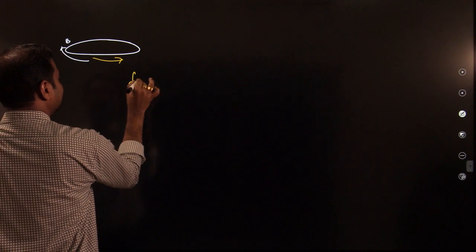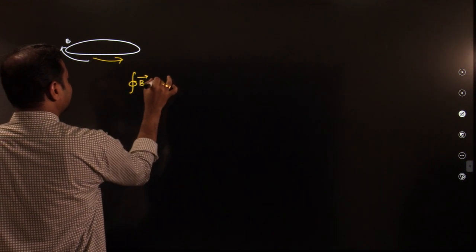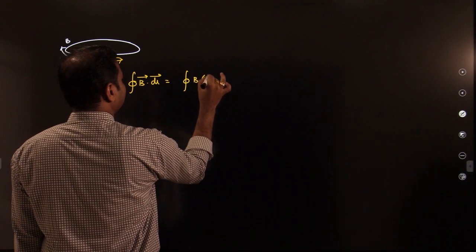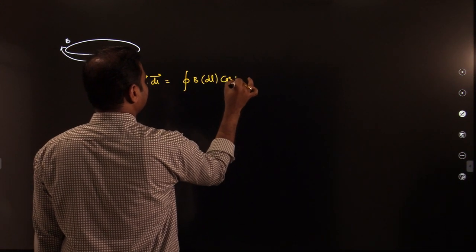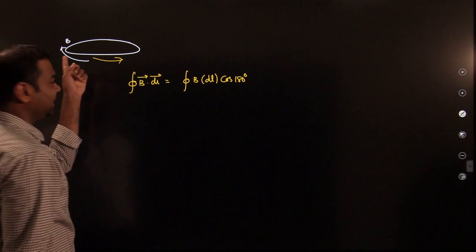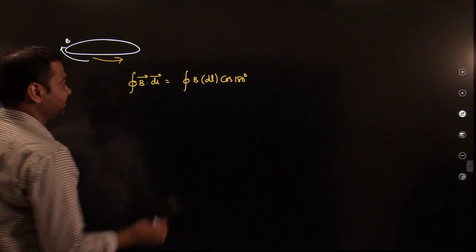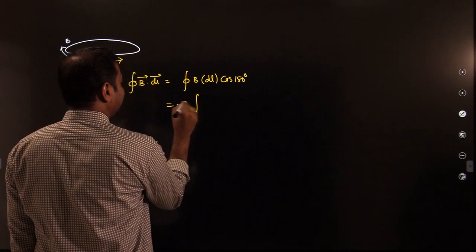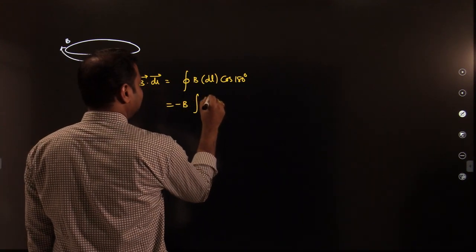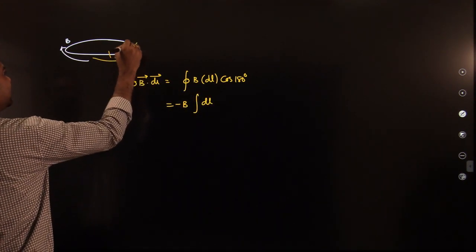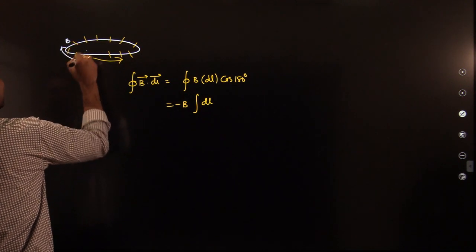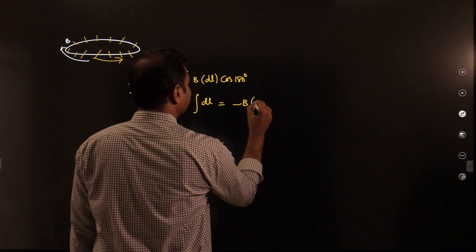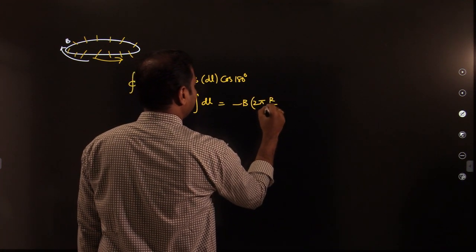So the integral of B dot dl equals the integral of B dl cos 180, because the B and dl vectors are opposite to each other. We know that B is the same everywhere, so take it out, with cos 180 being minus, and the integral of dl means the addition of all these small parts. The addition of all these small parts will give you the periphery, which gives minus B into 2 pi into r by root 3.